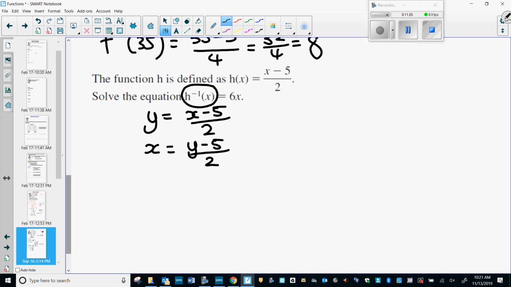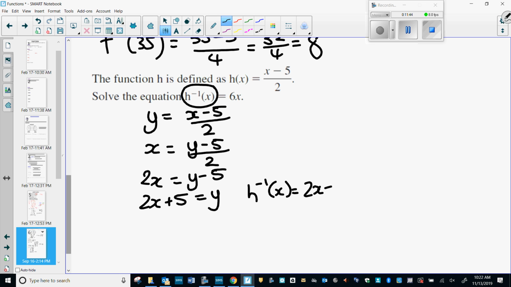So here, what's the first thing we need to get rid of or undo? The divide by 2. Good. So we're going to multiply by 2. So we've got 2x equals y minus 5. And then 2x plus 5 equals y. So our function h⁻¹(x) is equal to 2x plus 5.